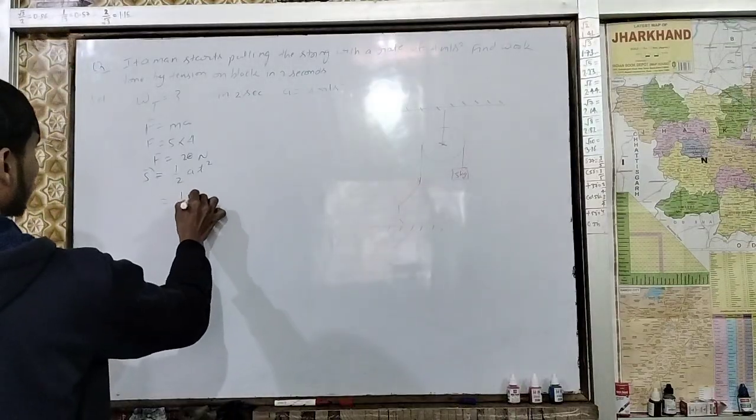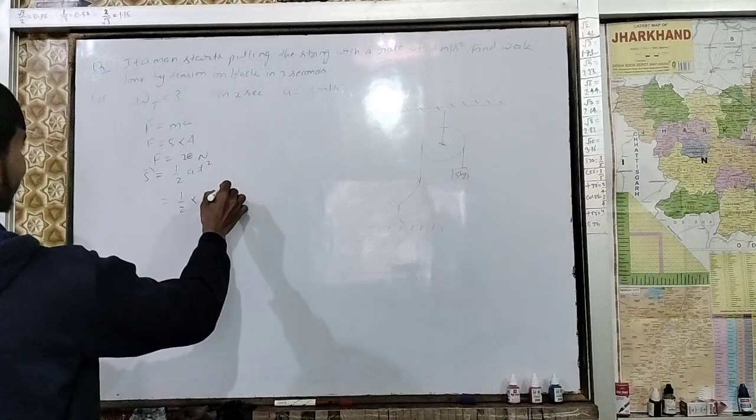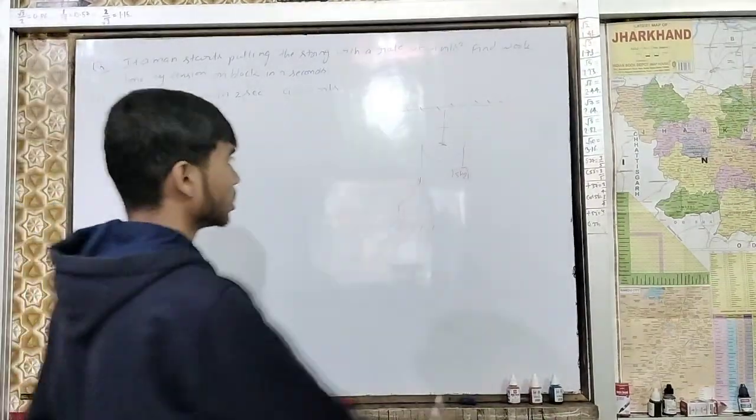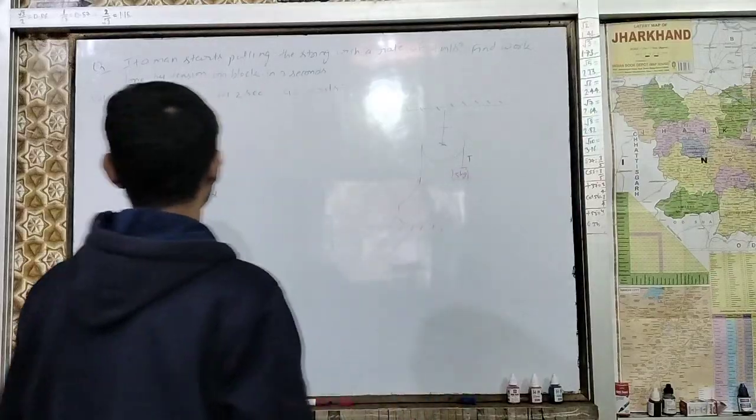So 1 by 2, a is 4, and t is 2. This T is talking about time.